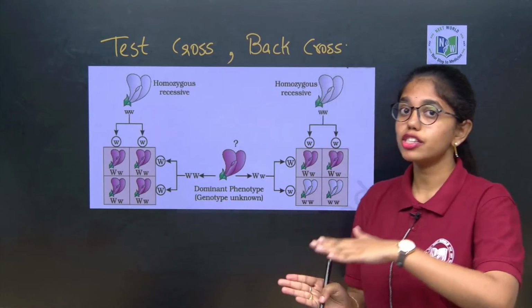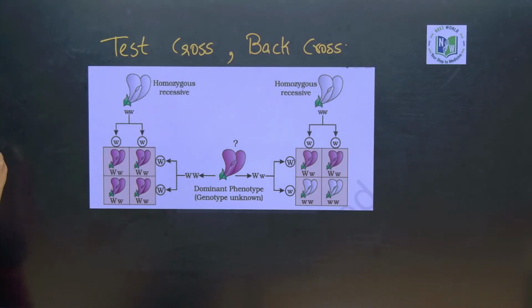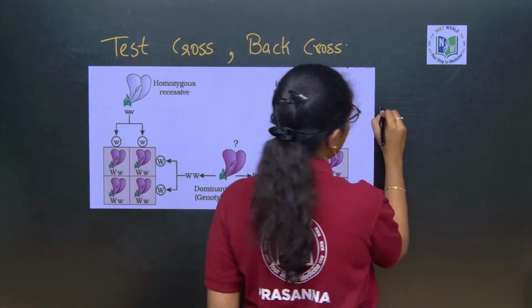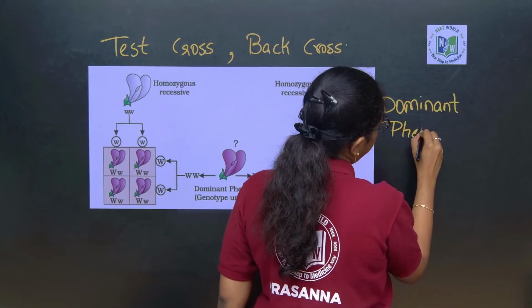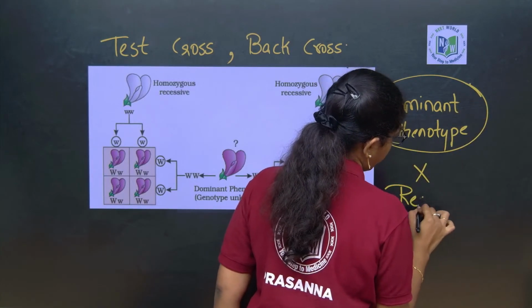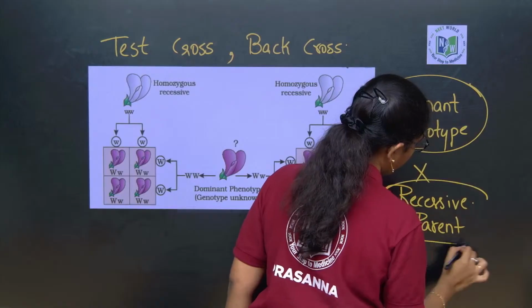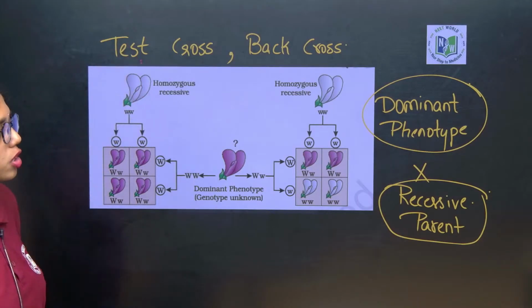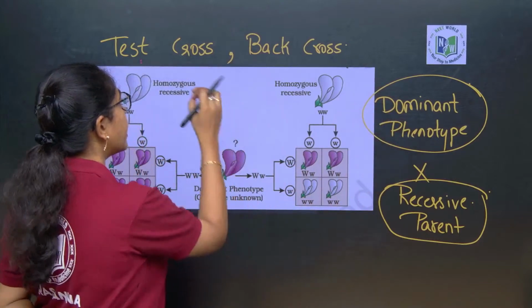If the F1 generation, that is the dominant phenotype, is crossed with the recessive parent, that is called test cross. Whether the dominant phenotype is homozygous or heterozygous is identified by test cross.